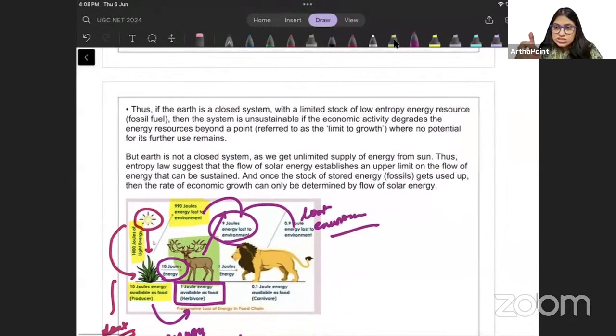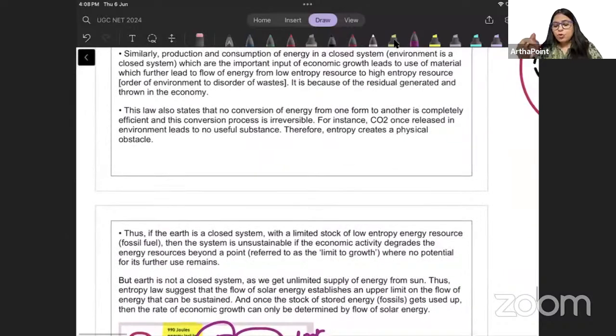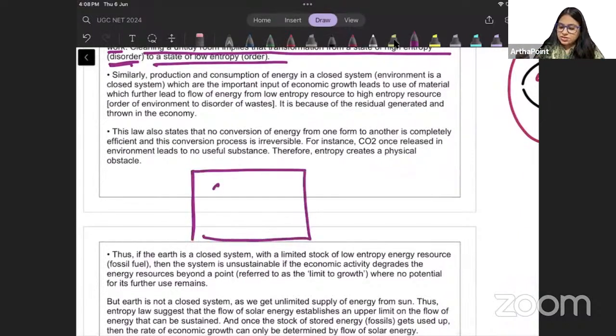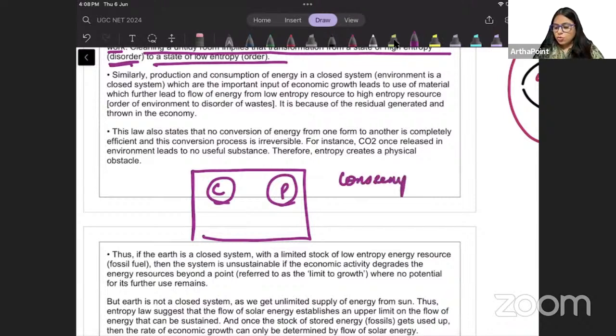So now how is this important from the point of view of economics? Economics में इसका क्या use है? We are talking about a system where we have consumers and producers. Consumers and producers are involved in the process of consumption. वो raw material से final goods का consumption and production में involved हैं.